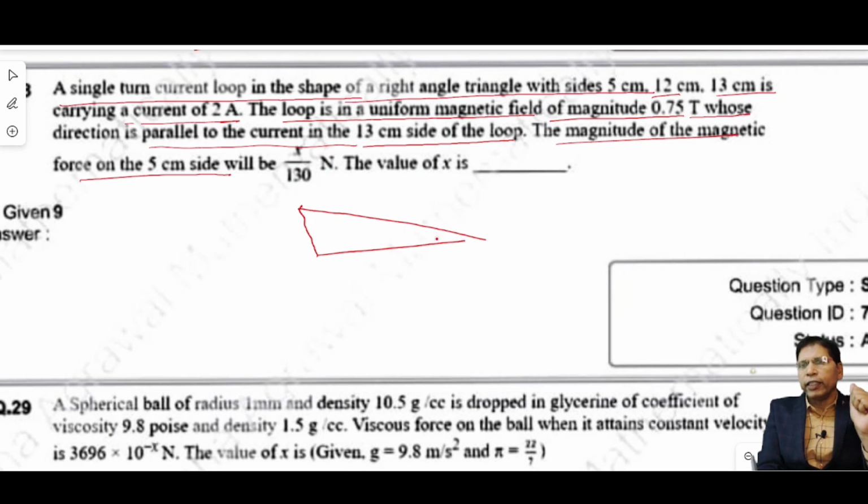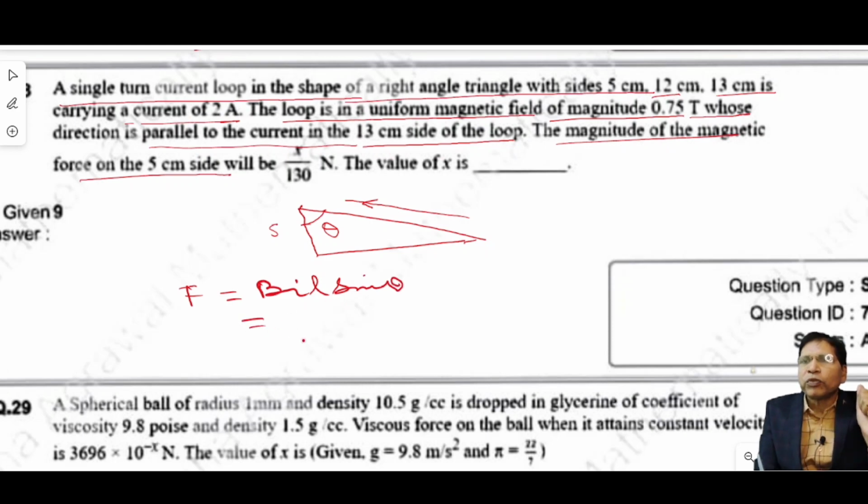Look at this, the direction of current is along this direction. The angle between the current and the 5 centimeter length is theta. So force F equals B I L sin theta. Now what is B? B is 0.75 Tesla. What is I?